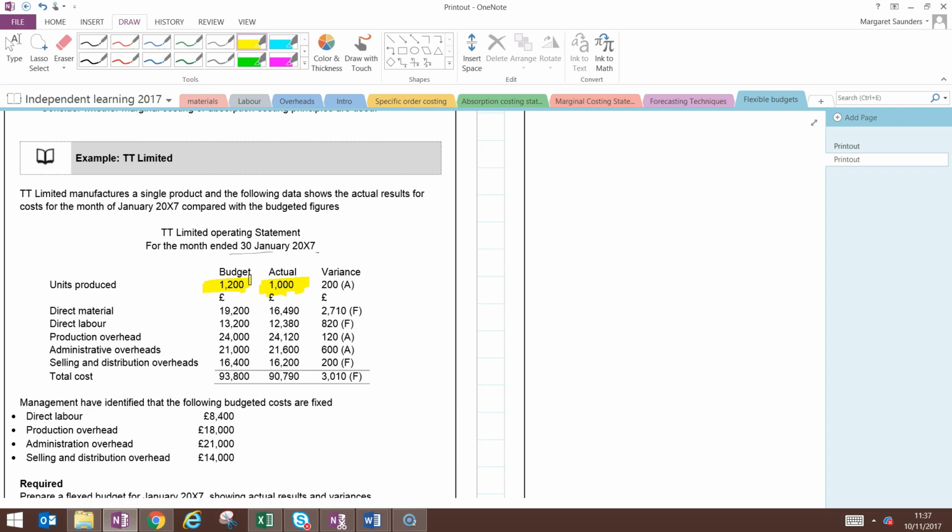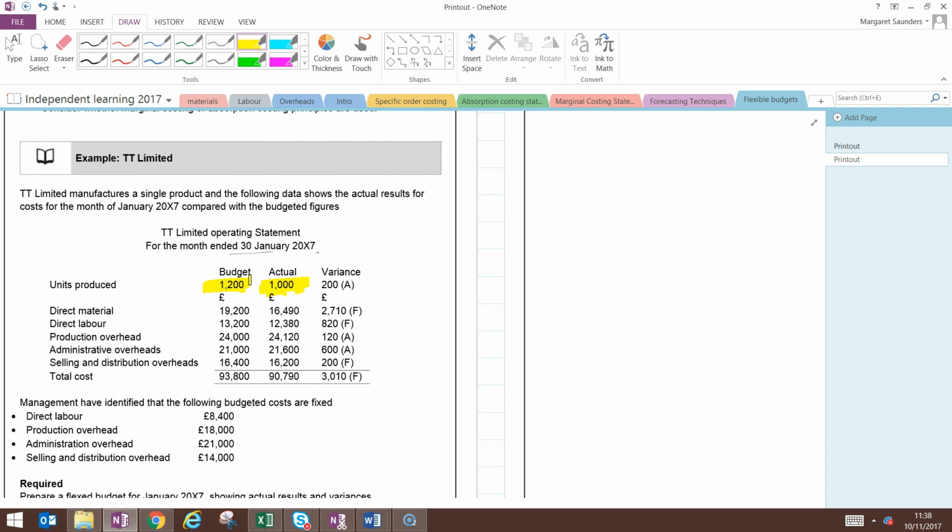So what we need to do is prepare a flexed budget. So a flexed budget is a new budget for the actual quantity. So we are going to prepare a new budget for 1,000 units. We can then compare the actuals to the budget and calculate the variances.